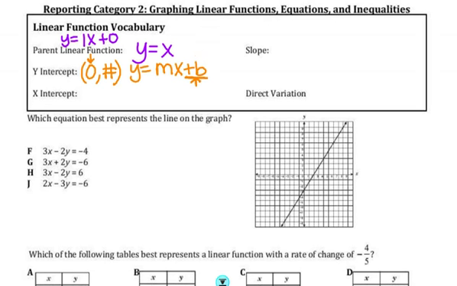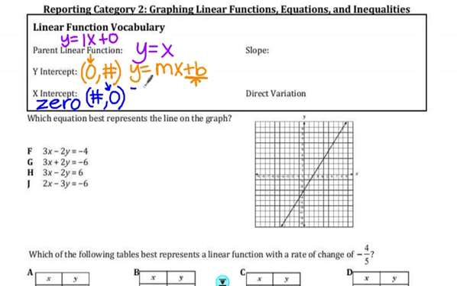Alright, so we're good with our y-intercept, and then with our x-intercept, another word for it is a zero, where it's crossing our x-axis. It's similar, except it's whenever y is equal to 0. So this tells me that I can plug in a 0 for y and solve to find out what x is.